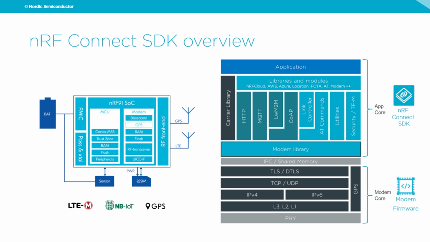We also have the carrier library, which you need to enable for some specific carriers to be certified. We also have a link controller library, an AT commands library to send AT commands to your device, for example. It depends on what your application is and what you need, so you enable what you need and disable what you don't need, so you can actually optimize your flash pretty well through this.